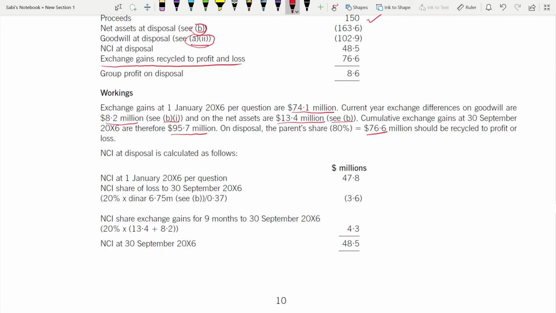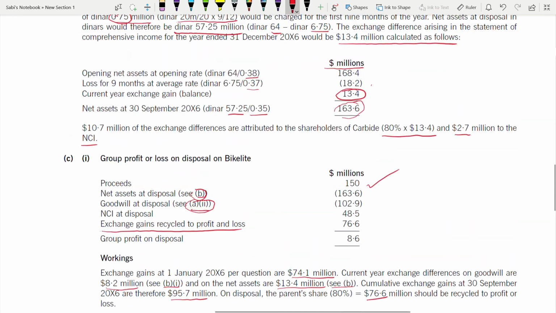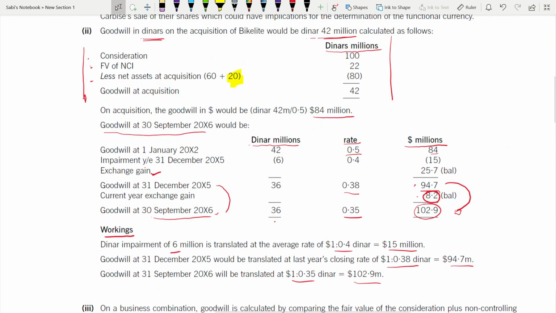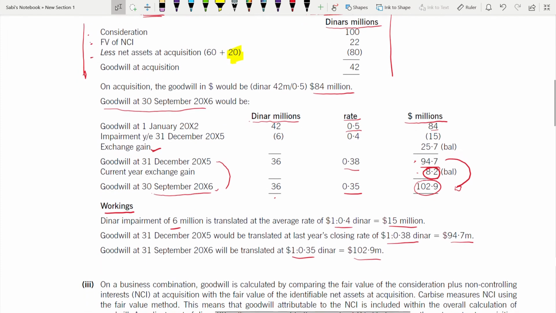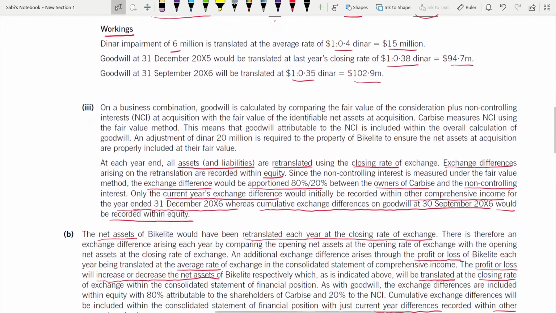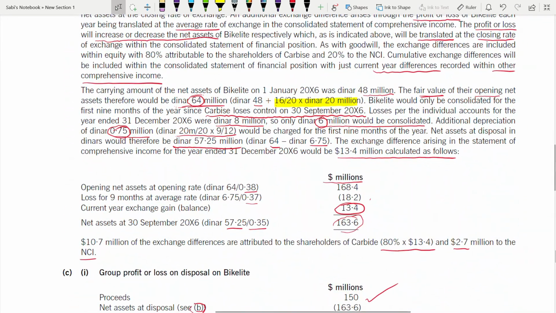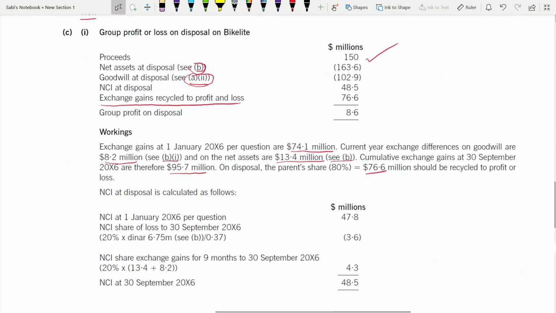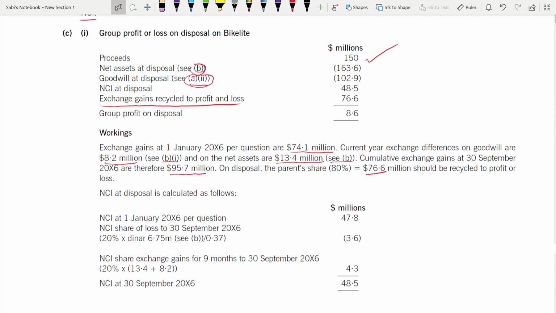That means 95.7. From 95.7, you're taking 80%. Sorry, cumulative exchange. Okay.